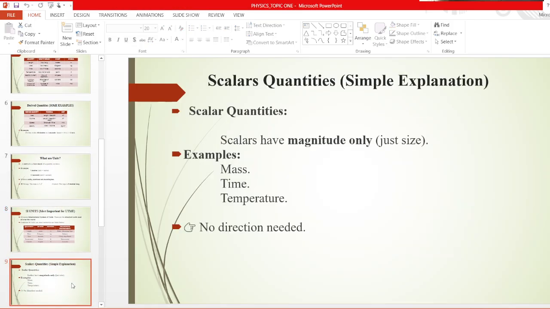So let's look at scalar quantities. In the course of starting this lesson, I said physical quantities are quantities that can be measured and give results in numbers, and they are classed into two: the fundamental quantities and the derived quantities. The fundamental quantities don't depend on any other quantity, while derived quantities are made up of two or more fundamental quantities.